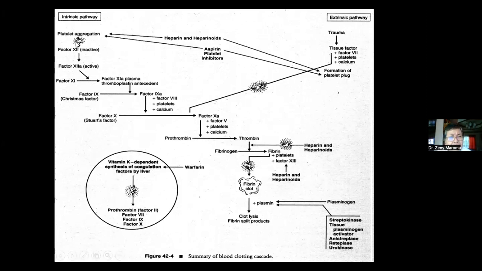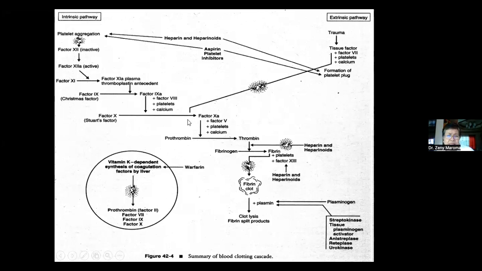Look, we need factor 12. Factor 12 is inactive. It will be activated to factor 12A. Factor 9 is activated. Factor 9 is needed to activate factor 10.